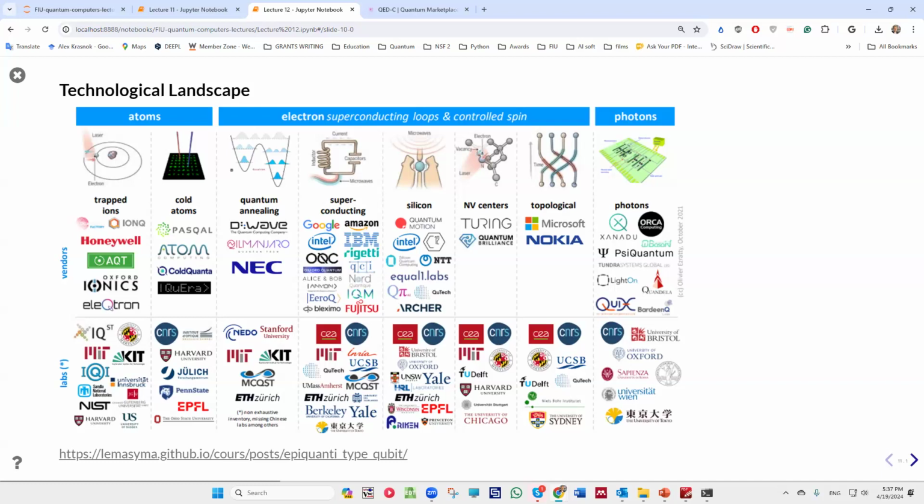So for this slide, I found this table on this web page. We found this table with the main qubits, right? Starting from atoms. This technology is very popular today.